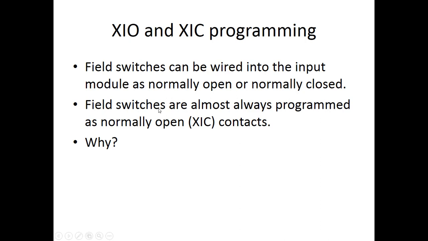Field devices are almost always programmed as normally open contacts. How come? Because if you program the field device as a normally open contact, then it behaves the way that it is wired into the module. I'll say it again: if you program your field devices with open contacts, then in the logic, it behaves the way that it is wired into the module.